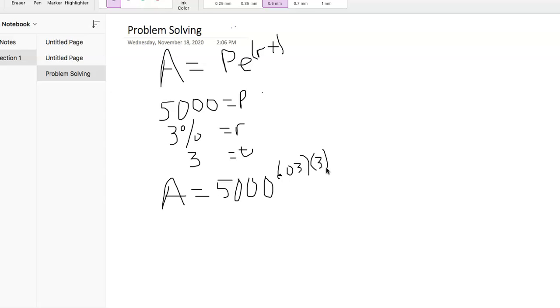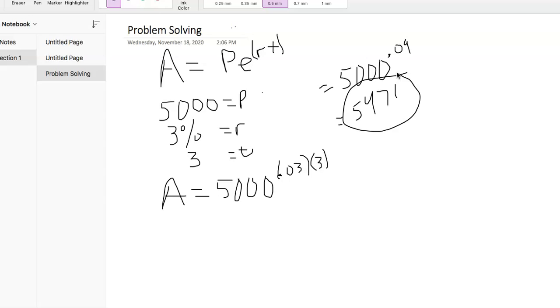Once we calculate all that out, 5,000 times e to the 0.03 times 3, which is 0.09, that equals 5,471 once we calculate all that out.